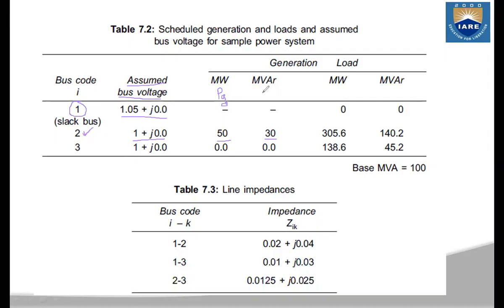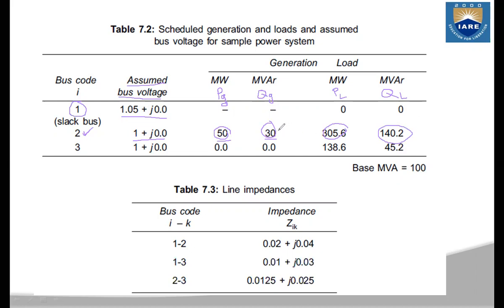This is generated power, and this is reactive power which is generated, and here load is given, PL and QL. So this data is given. If you observe the second bus, P generation and P demand are both given, and Q generation and Q demand, or Q load, are both given.